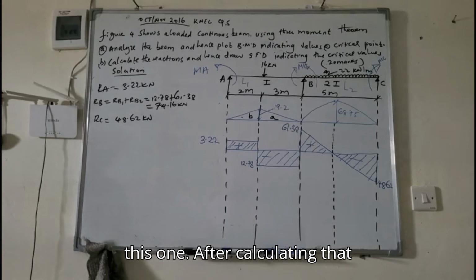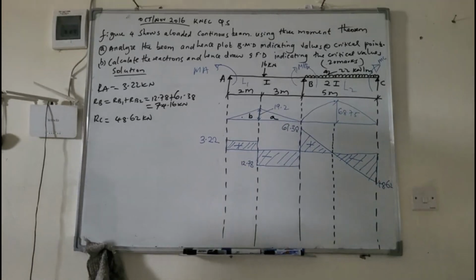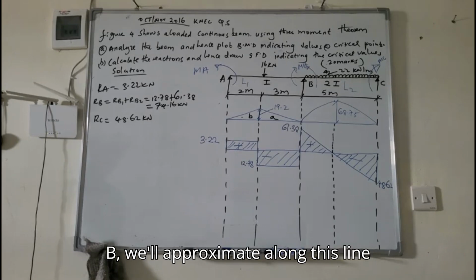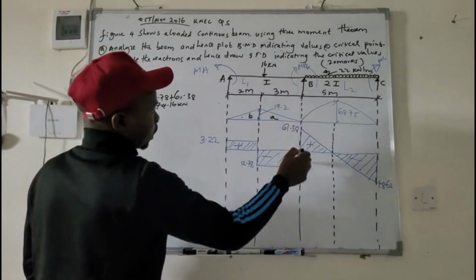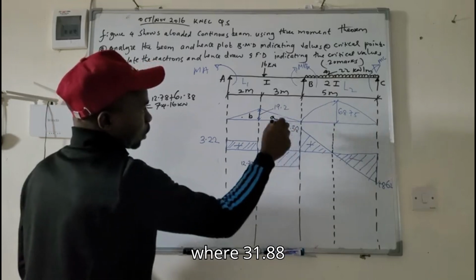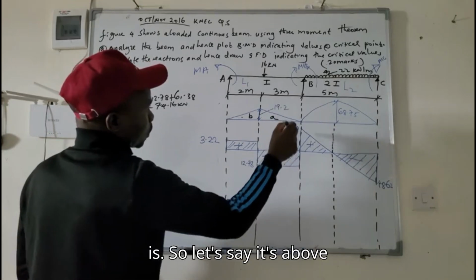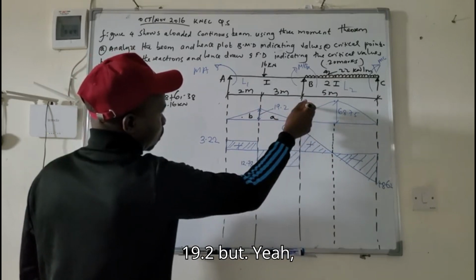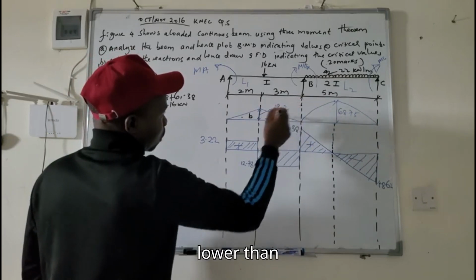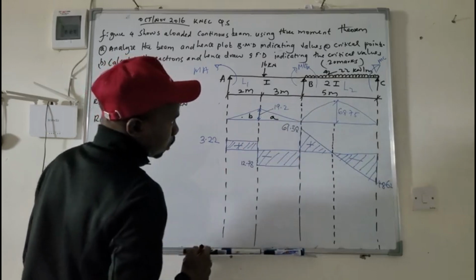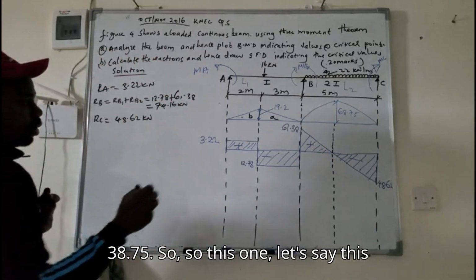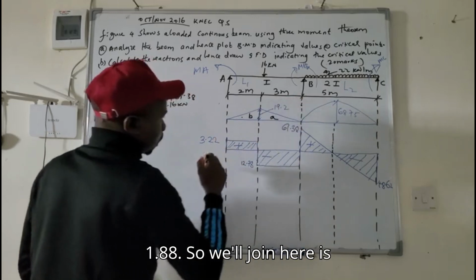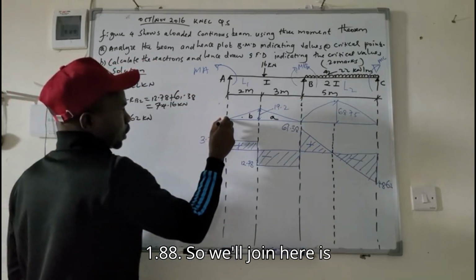After calculating that value for bending moment at B, we'll approximate along this line where that 31.88 is. So let's say it's above 19.2, but lower than 38.75. So let's say this one is 31.88. So you'll join. Here is 0.